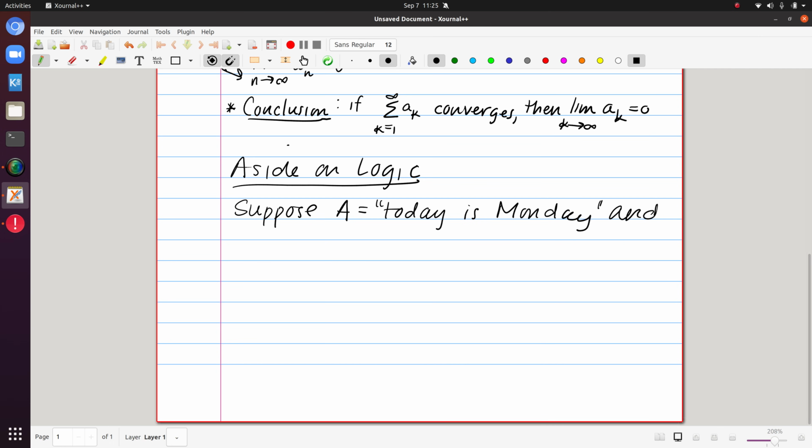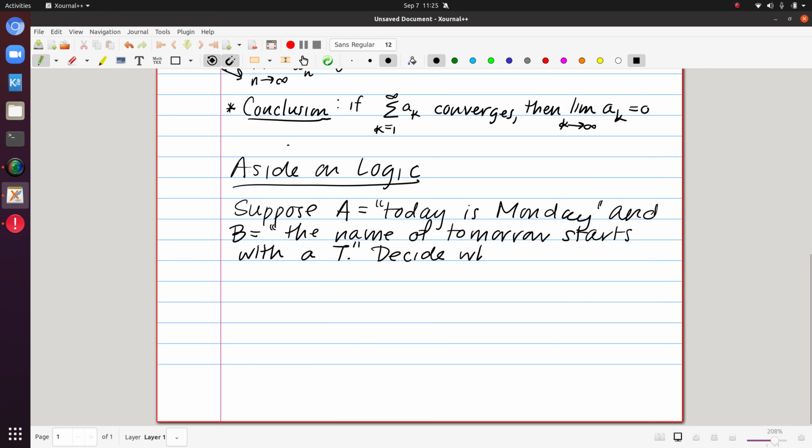And statement B is going to be that the name of tomorrow starts with a T. And by the name, I mean like the day, Monday, Tuesday, etc. And then what we want to do is decide whether the following are true or false.